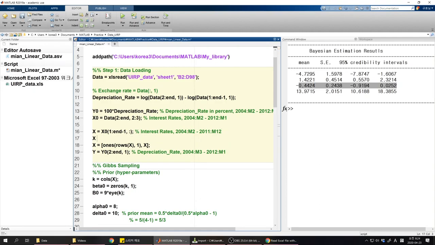X, no, not this, here, yeah, X equals X here. The first column is current interest rate, the second column is the US interest rate.